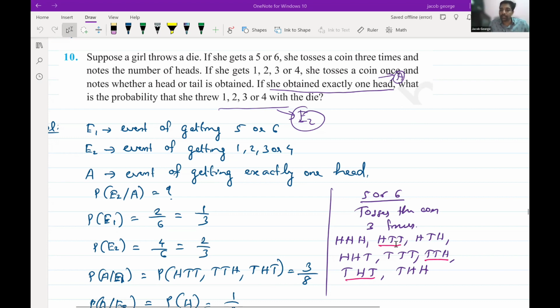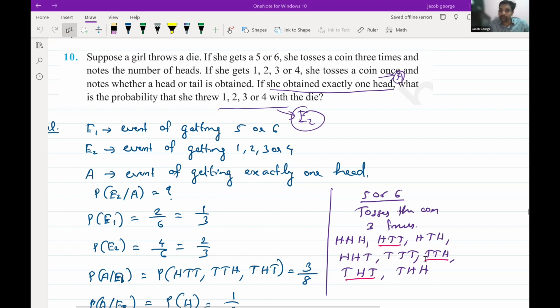Tossing a coin 3 times means total 8 outcomes are there. Last year you have studied this one: HHH, HTT, starting with H 4, starting with tail 4. In these 8 outcomes, exactly one head occurs 3 times.